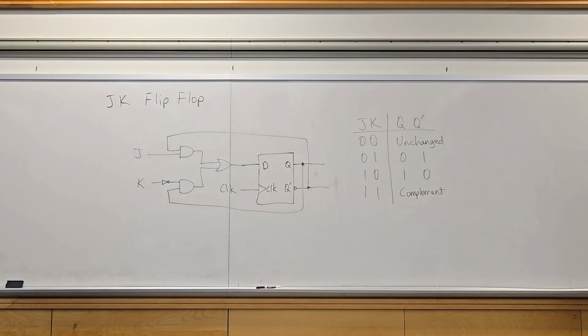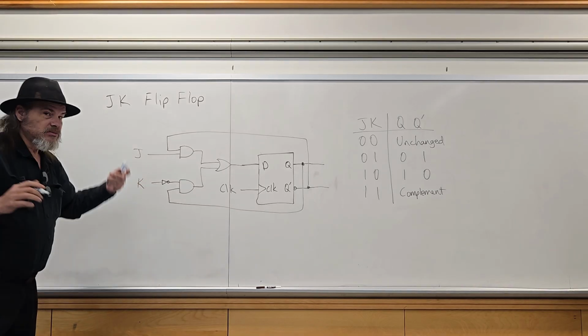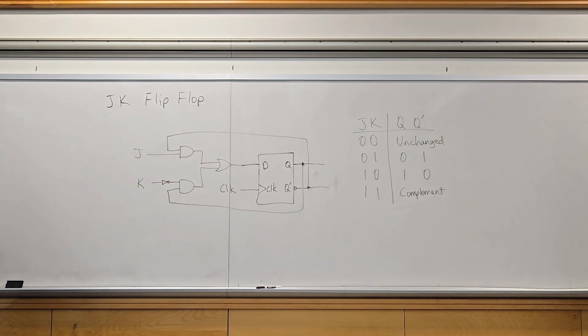Basically, if you tie the J and K inputs together, you make a T flip-flop, which we looked at last week. But these are a little bit more complicated and bigger on the circuitry, so they're not used very frequently.